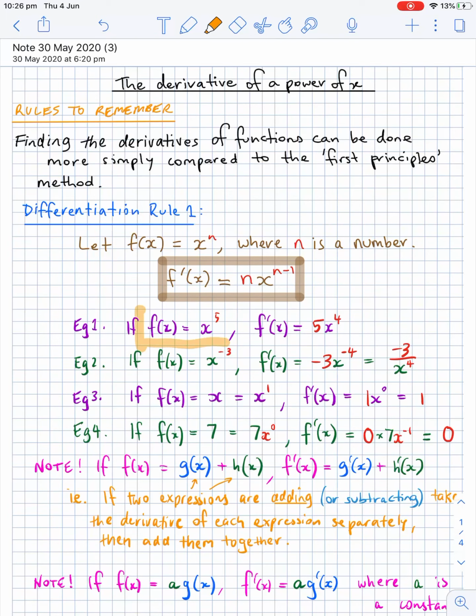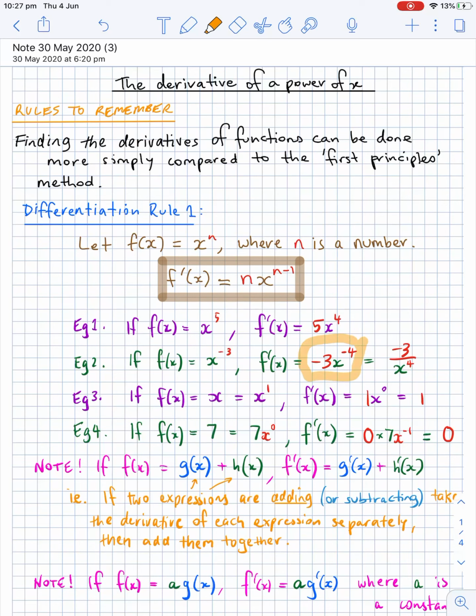So for example, if you've got the function f of x equals x to the power of 5, that 5 right there is going to come to the front and multiply, and this power is going to go down by 1, and this base stays the same. If you've got, say, f of x equals x to the power of negative 3, that negative 3 is going to come to the front and multiply, as you can see here, and this power is going to go down by 1 to negative 4.